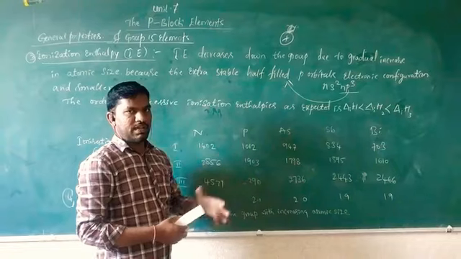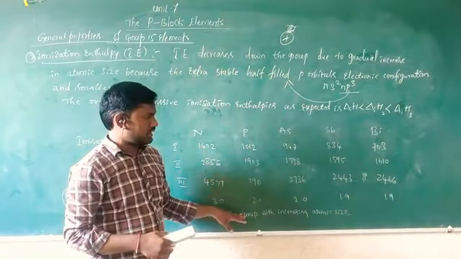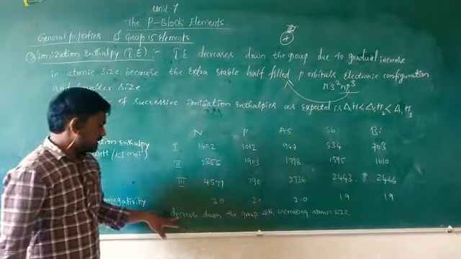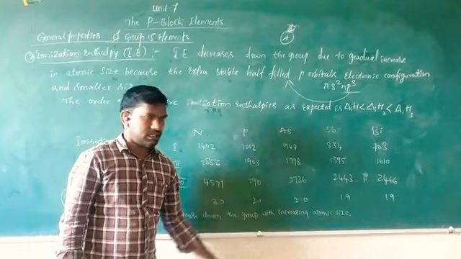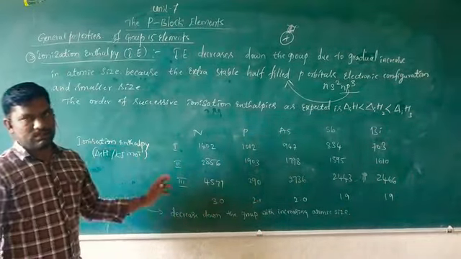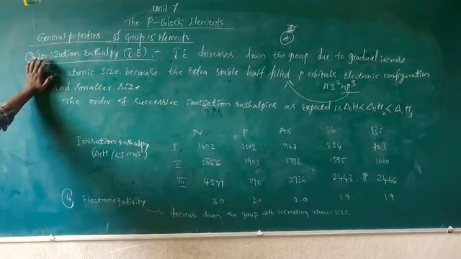For the heavier elements there are no considerable changes. So it decreases down the group because of the increase in atomic size. So all the general properties: electronic configuration, ionization enthalpy, electronegativity.